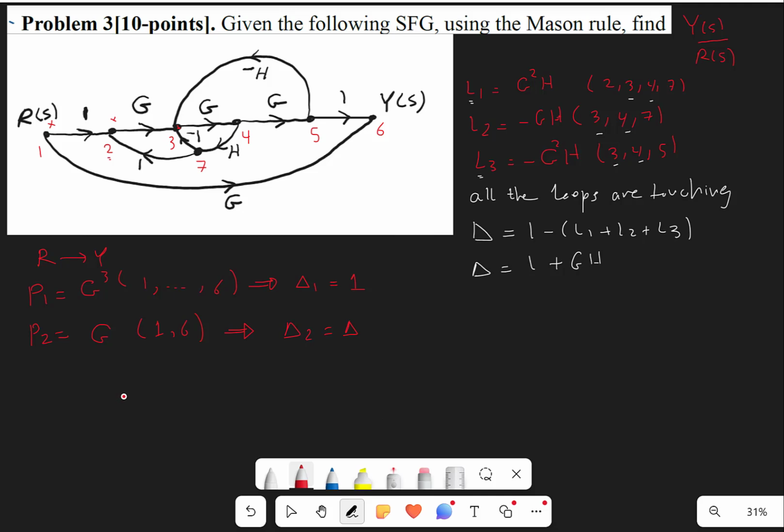So now we are at the stage to write the closed loop transfer function.